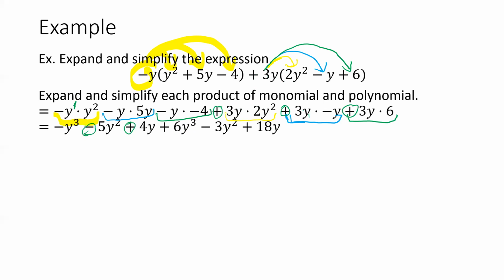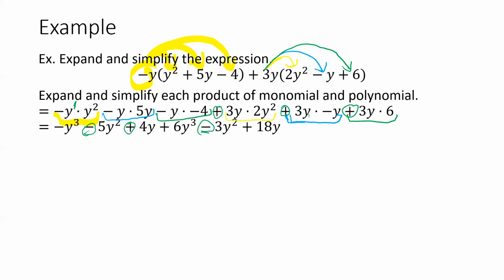I know that 3 times negative 1 is negative 3, so I make sure I subtract it because I have a negative answer. So that means I'm going to be subtracting the term. And then y times y is y squared. And finally, I have 3y multiplied by 6, which is the very last step here. And 3y multiplied by 6 gives me 18y.